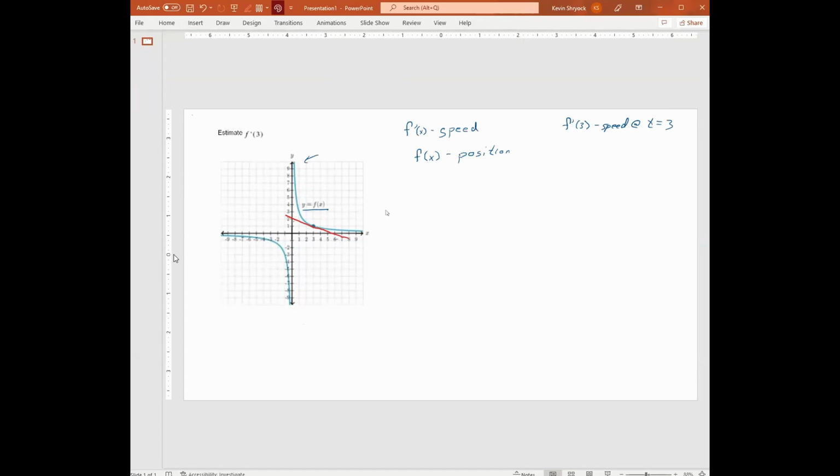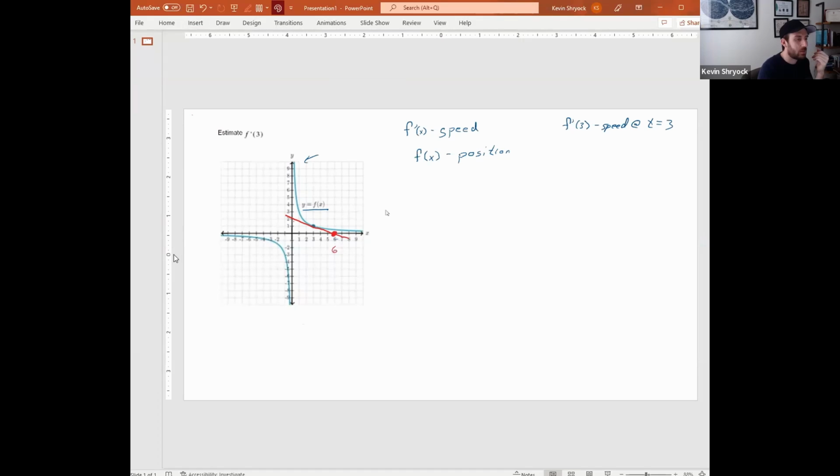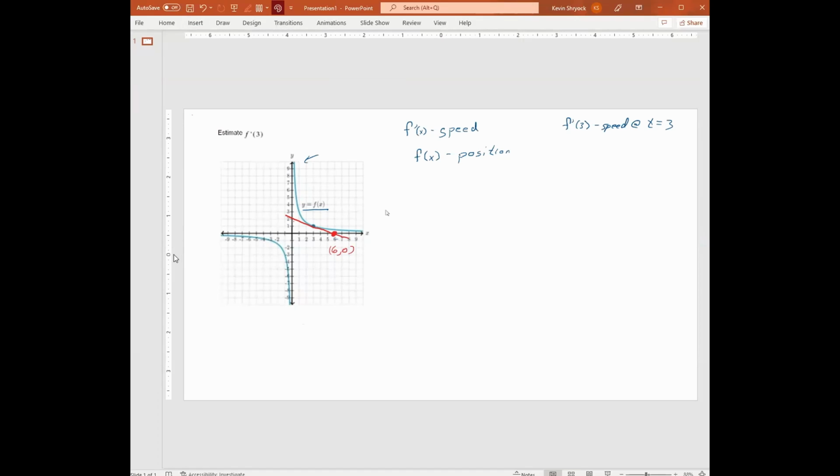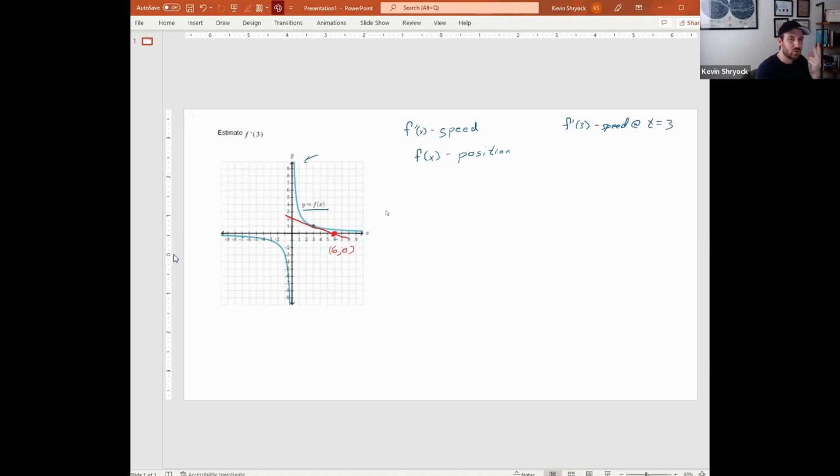x equals 6, with a y value of 0? Good. So I've got 6 comma 0. We'll use that one. That looks decent. And then x equals 0, 2, we could, but then I've got two different points, both of which are kind of guesses, right?